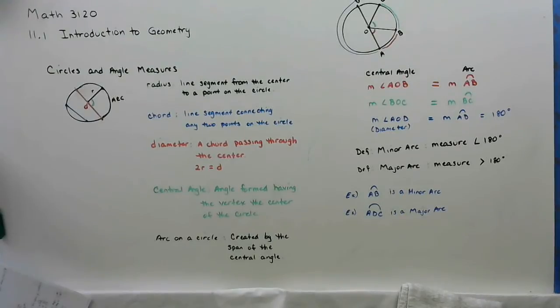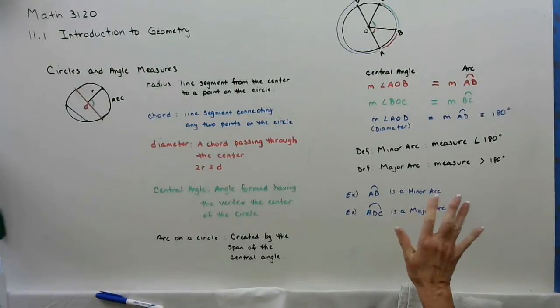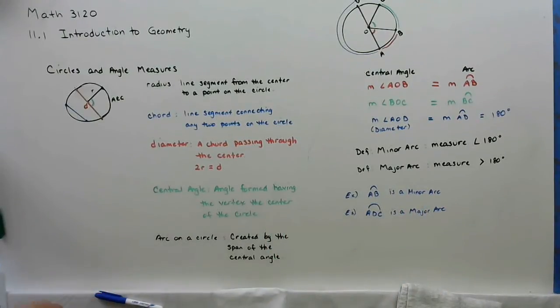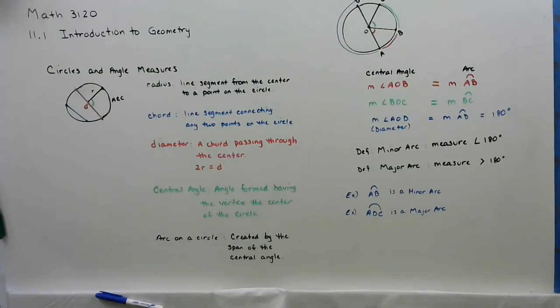Okay, so we're almost there. One more, let me give you an example with some numbers so we can play with it. And then I want to give you another definition of angles, which technically comes a little later, I think, but I want to just use the term now, and then we'll be using it again.